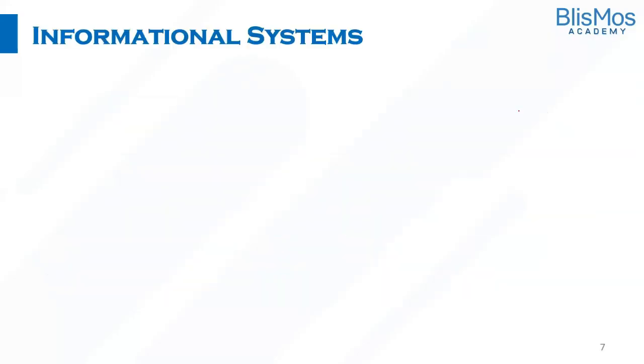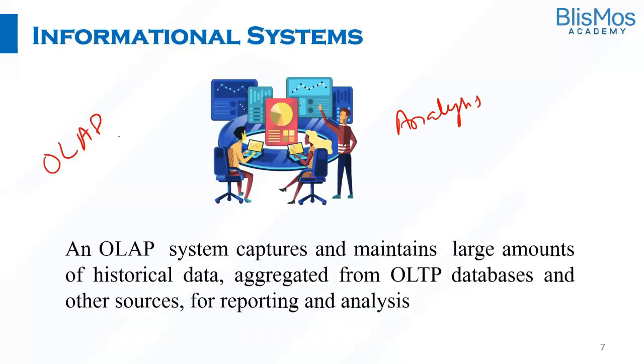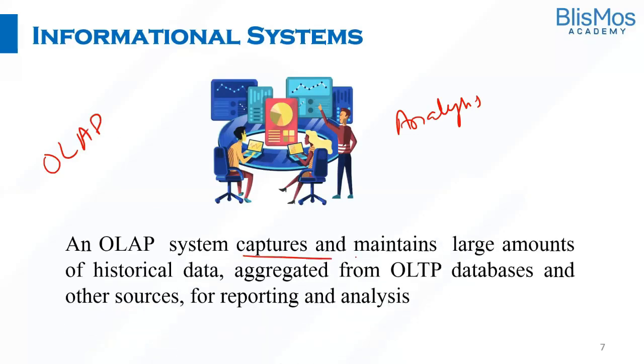Let us see what information systems are. As the name suggests, they provide information. These information systems are used for analysis. They are also called OLAP systems. OLAP systems capture and maintain large amounts of historical data that is aggregated from the OLTP systems and any other sources for analysis and reporting.